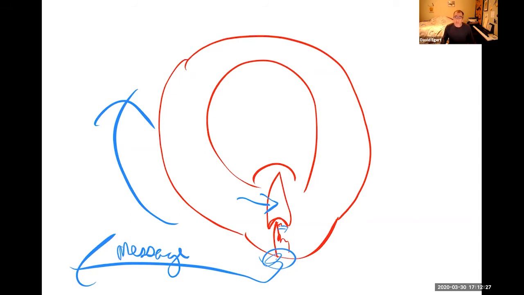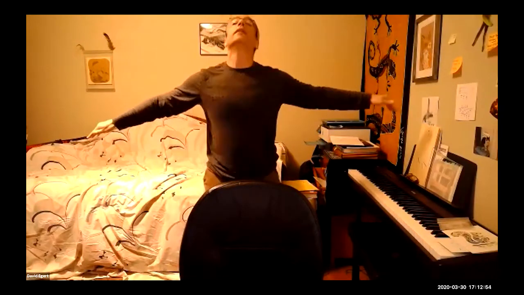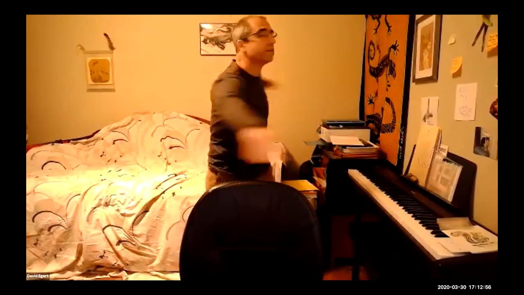And because you have 3 of these in 3 different orientations, they're not exactly aligned, but one can detect if your head is rolling, one can detect if your head is pitching, and one can detect if your head is yawing.